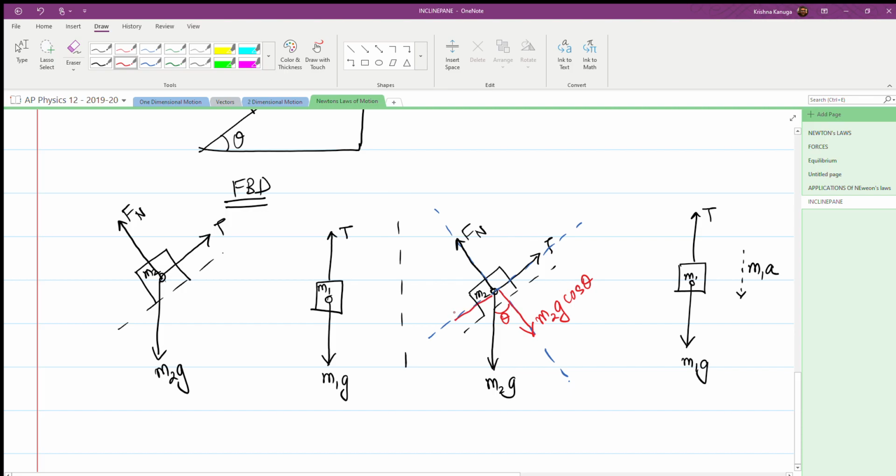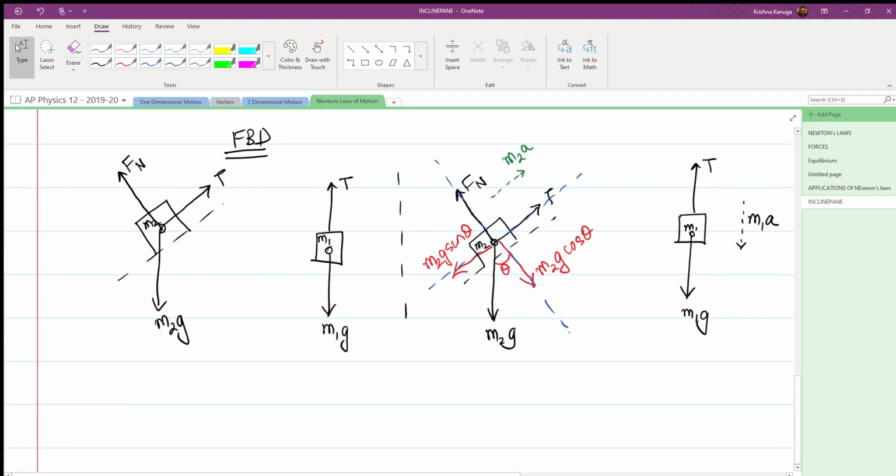The other component is going to be m2g sine theta. So at this point we have all the forces for m2 along the x or y-axis. Now I will also draw my dotted arrow pointing up the incline, and I will put m2a on this arrow.